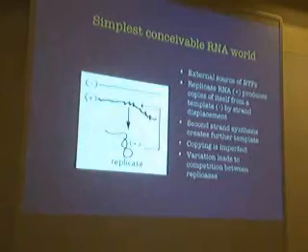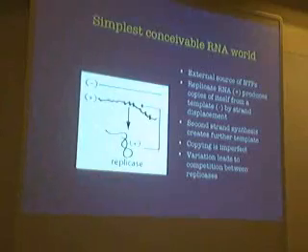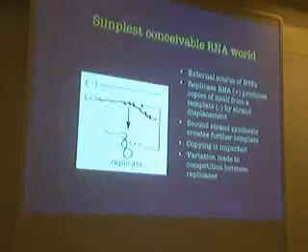So to start off then, we'll start with a very simple model of early evolution, the simplest conceivable RNA world. So as you've probably heard, the RNA world is this idea that before DNA and proteins evolved, RNA was both a genetic material that carried information, and it was also able to copy that information.